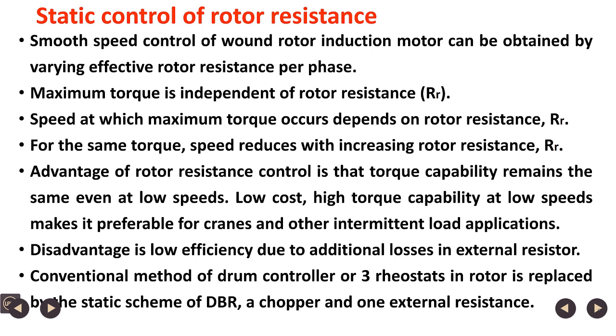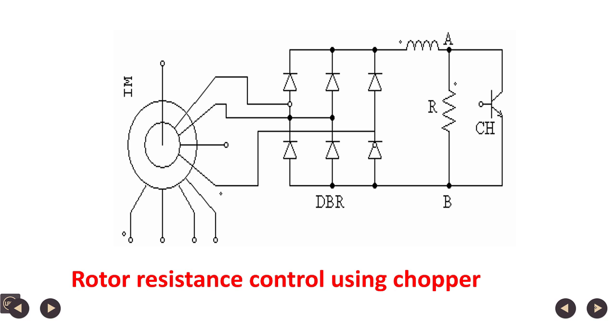This is the conventional method, and it is replaced by the static rotor resistance control scheme. In the static scheme, a diode bridge rectifier, a chopper and one external resistance are used, which you can see in the next slide. So, this is the circuit diagram of the rotor resistance control scheme.